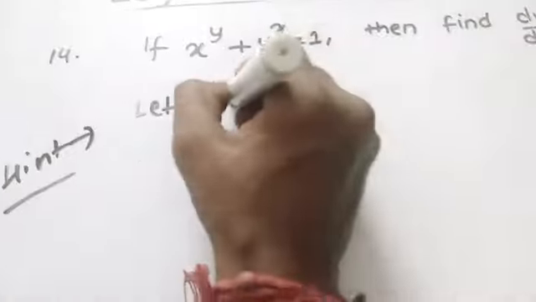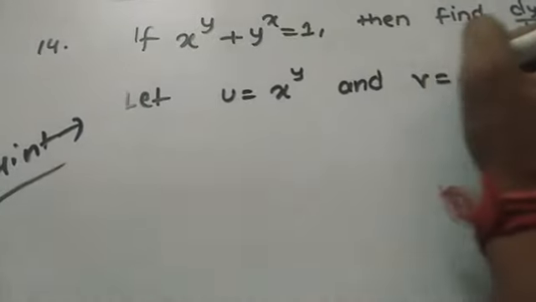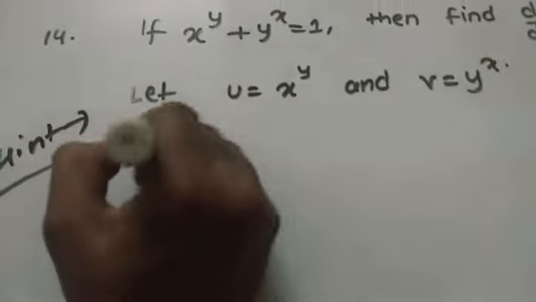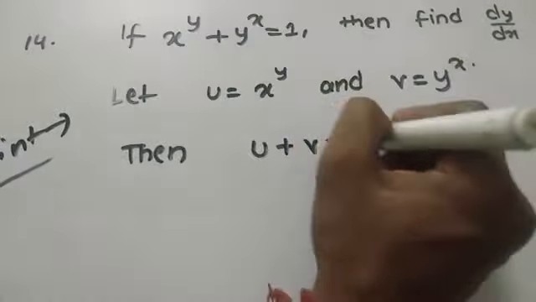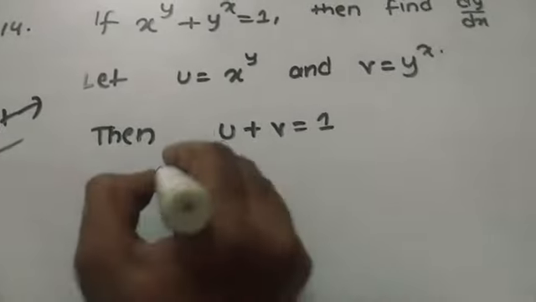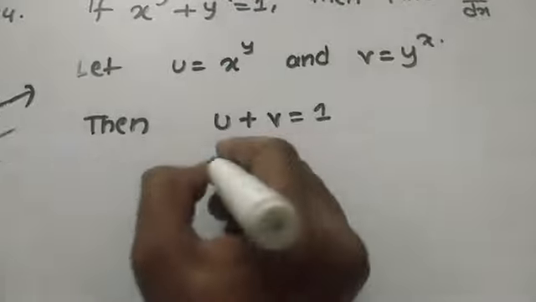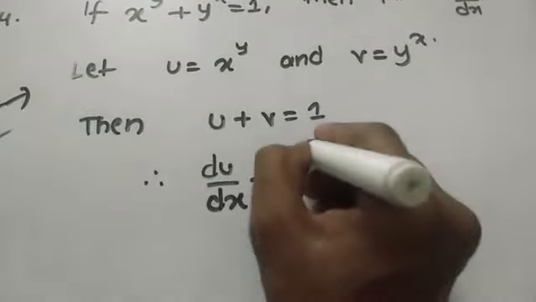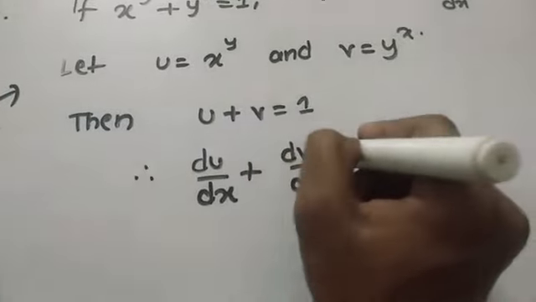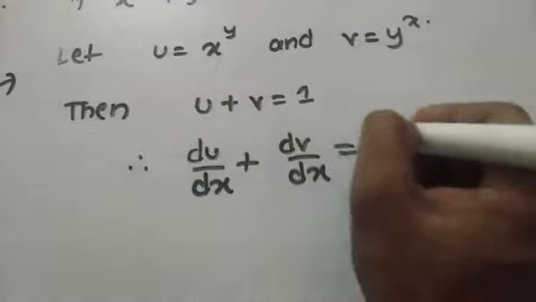So what we will do, we will simply assume, I am also giving the hint for this one. Let u equals x to the power y and v equals y to the power x. Then your given expression will convert into the form u plus v equals 1. Therefore, if you differentiate this expression, differentiation of u is du by dx, differentiation of v is dv by dx, and differentiation of 1, a constant number, is 0.